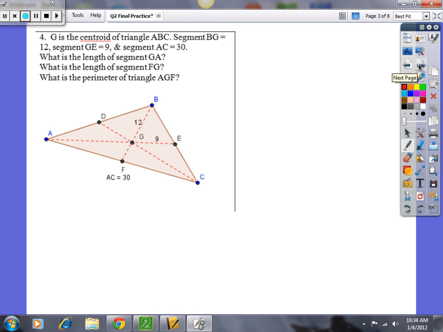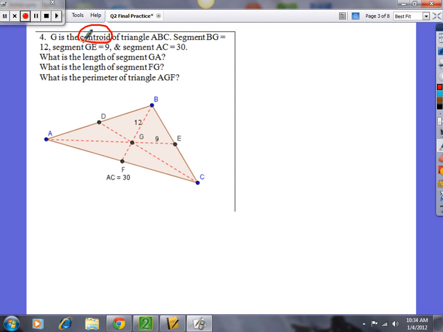Number 4, centroid. Alright, centroid is the key vocab right there. G is the centroid of triangle ABC. So right here, triangle ABC, the centroid comes from the medians. The median goes from a vertex, so from A, and it cuts the opposite side in half.